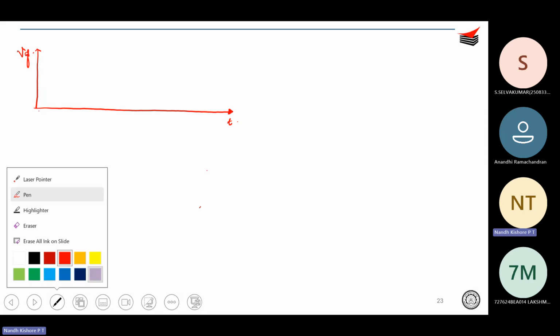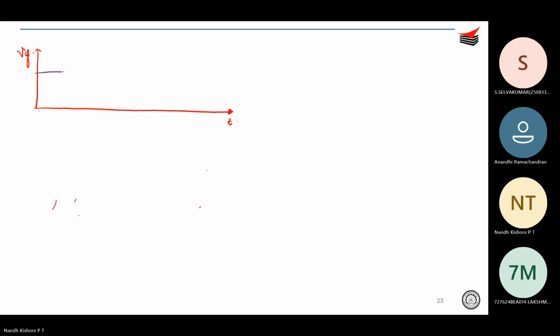Let's see the turn off transition for a device. Let's say this is my VGS, and my VGS was high, plus 15 volts.